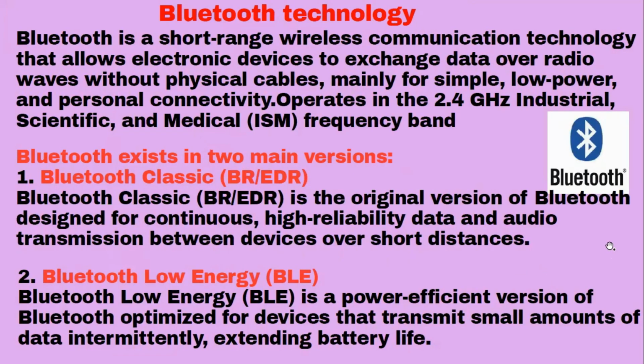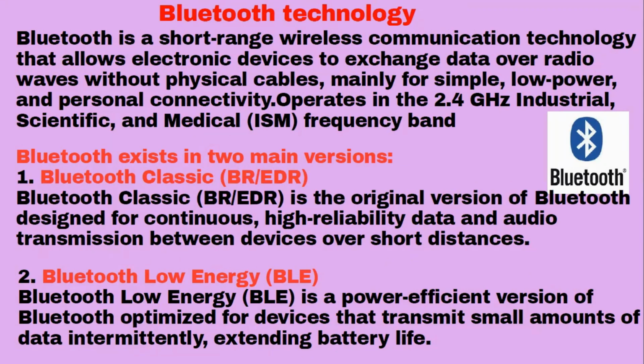Now we will discuss a little about Bluetooth technology, the latest technology. Bluetooth is a short-range wireless communication technology that allows electronic devices to exchange data over radio waves without physical cable. It is wireless, it's radio, mainly for simple, low power, personal connectivity. It operates in the 2.4 gigahertz industrial, scientific, and medical ISM frequency band.